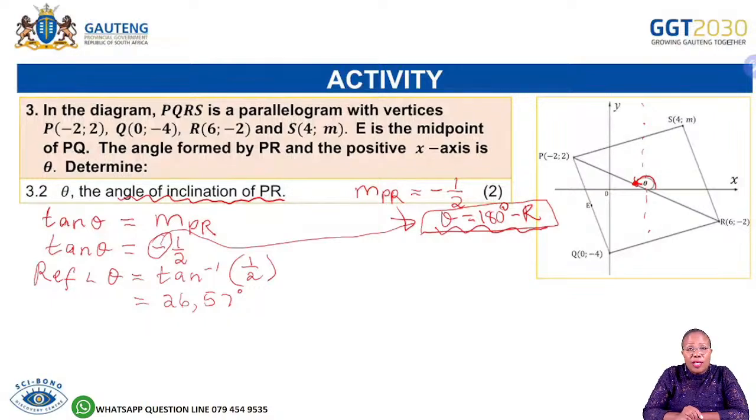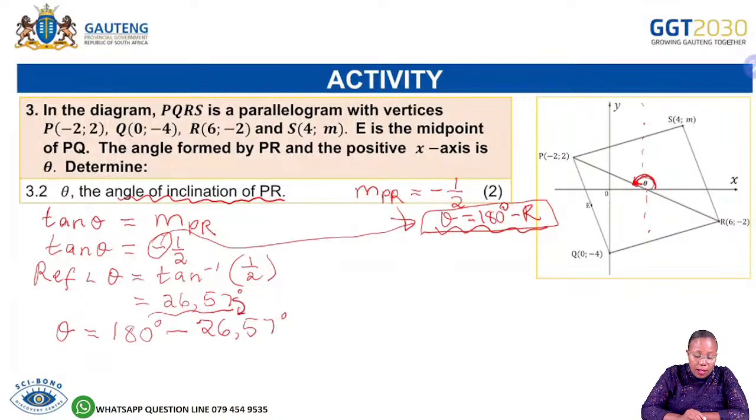But this is not yet our solution because this value is less than 90, whereas we are expecting an angle that is greater than 90. So now we look at the actual theta value, which will be in quadrant 2. Reduction in quadrant 2 is 180 minus the reference angle, 26,57 from above.